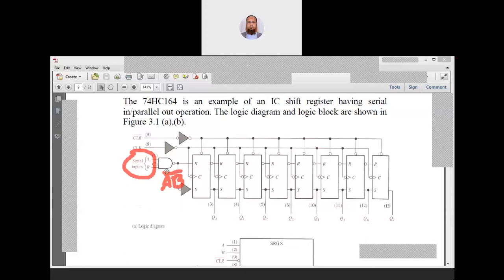So for our shift register, the serial inputs are A and B.